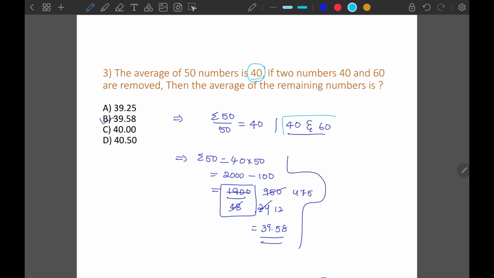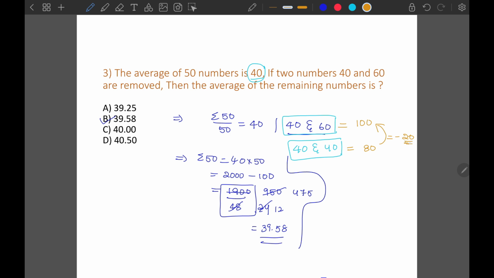So here the removed numbers are 40 and 60, but because of equal partition, we can assume them as 40 and 40. So what is the sum? The actual sum of the removed numbers is 100, but what is assumed is 80. So what is the difference between actual and assumed? That is minus 20.